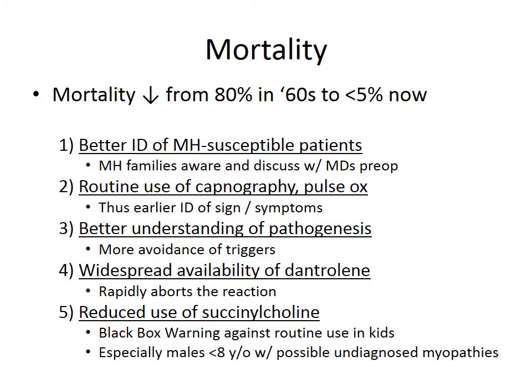And this has occurred ever since a black box warning against the routine use of succinylcholine in kids has been issued, and now we really only use it in kids where we definitively need to establish a rapid sequence induction to establish the airway. So especially reduced use of succinylcholine in kids less than 8 years old, specifically males with possible undiagnosed myopathies.